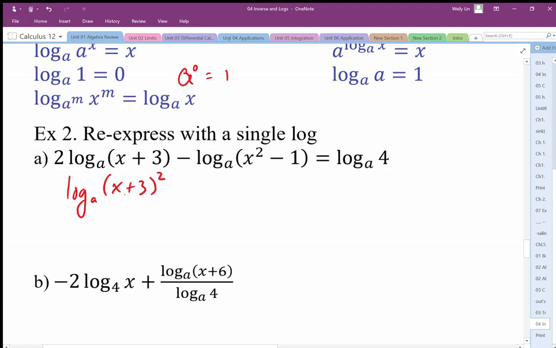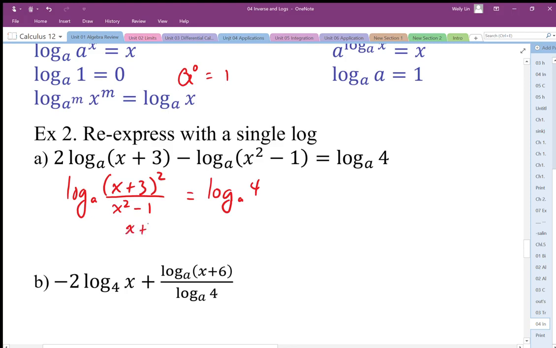Because this is minus, we can use a divide here, x squared minus 1, and we can make this log base a of 4. If we want to solve this, we can express this as a single log by moving this log over to the other side. We might as well solve this though, because this is an equation we can easily solve, and we can do this by dropping the logs.